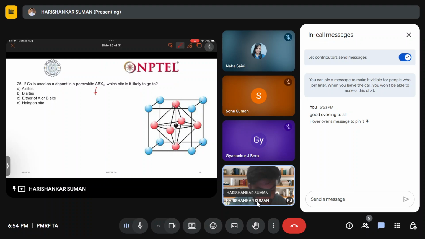So A is also replaced by some fraction of A. FAPbI3, CsPbI3, MAPbI3. So A goes to the A site.